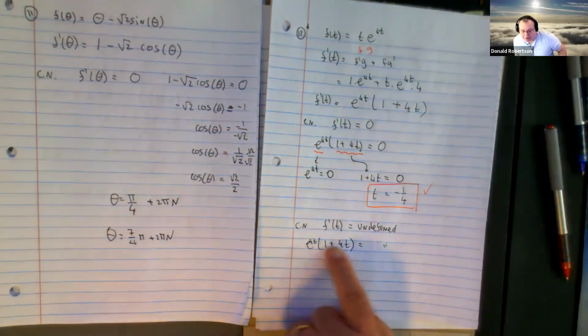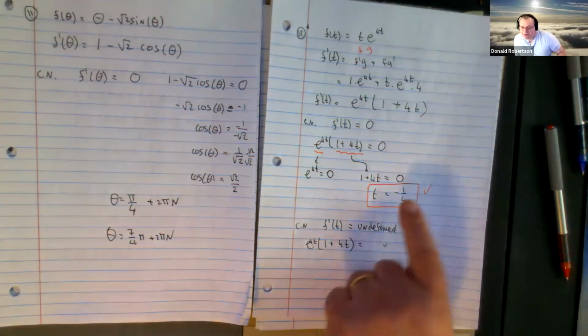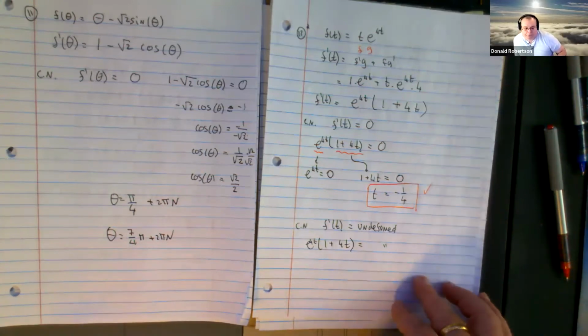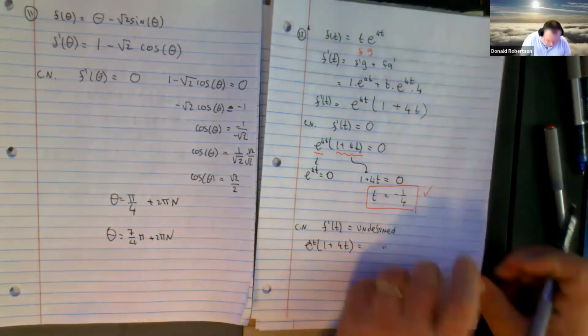Well, I can evaluate this at any value of t I like. Agree, so there isn't any. So there's only one critical number, that one. Are we good? Any questions? Okay, move on.